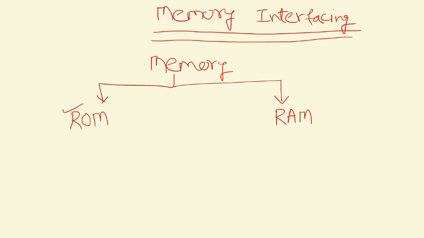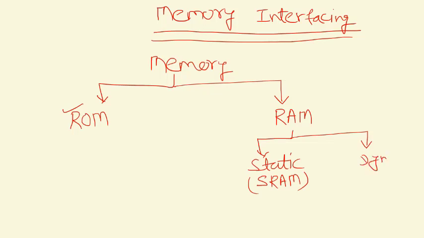RAM can be divided into two forms. We have already covered these types of memory in your fundamentals of computer subject or in digital electronics subject. RAM can be divided into static RAM, SRAM, or dynamic RAM.